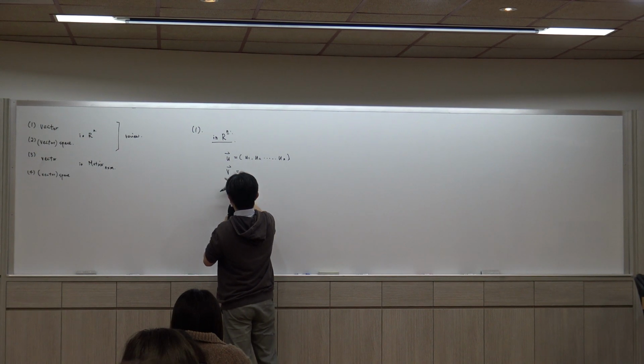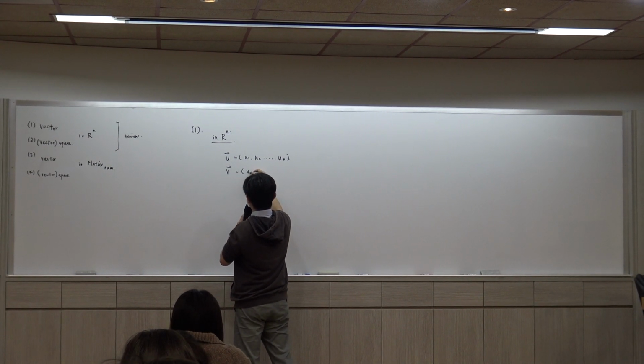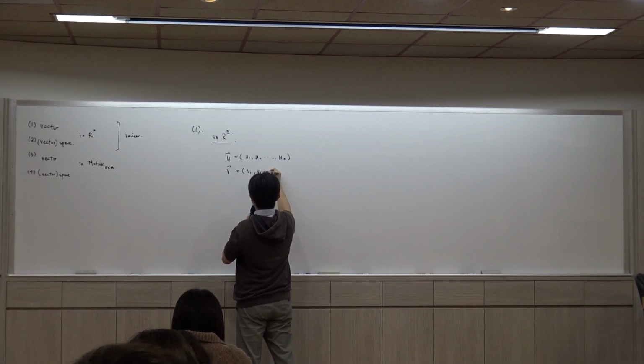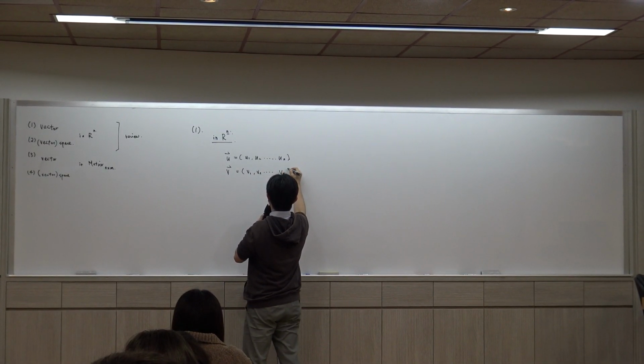So similarly, vector v equals v1, v2 to vn.